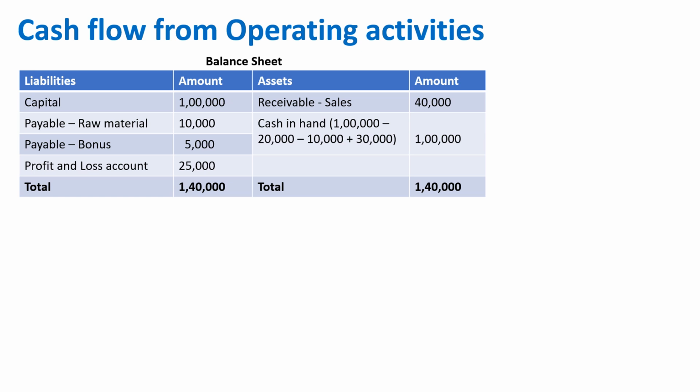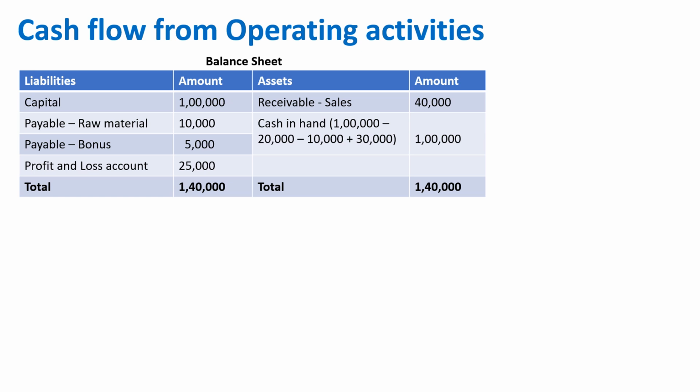And on the asset side, we have a receivable of 40,000 rupees from the customer, and cash in hand has changed: 1 lakh minus 20,000 which is paid in cash for raw material, 10,000 salary paid, plus 30,000 which the business received by selling goods. So on both sides, the total is 1 lakh 40 and 1 lakh 40. This is the balance sheet that we have.